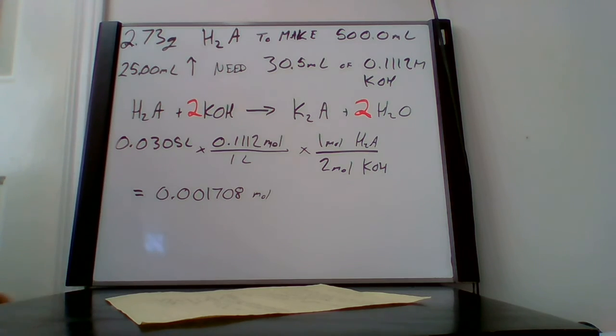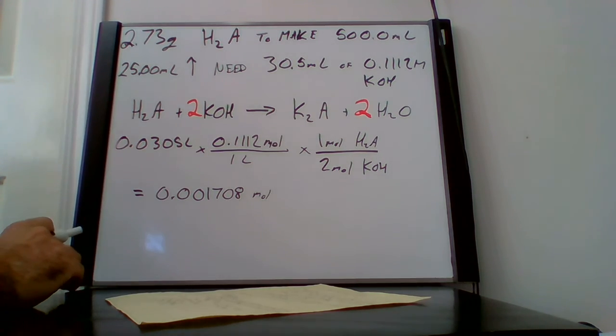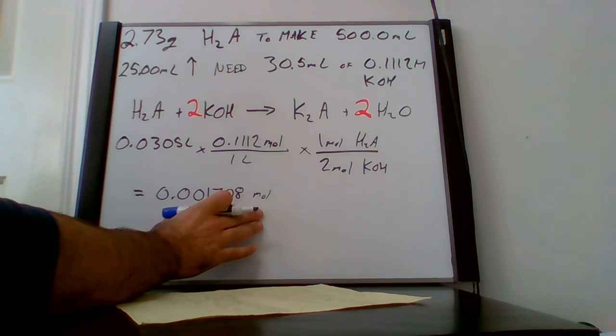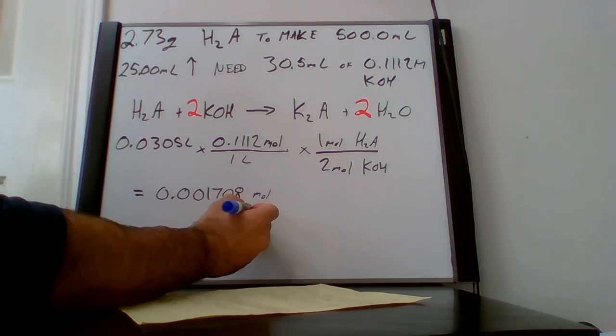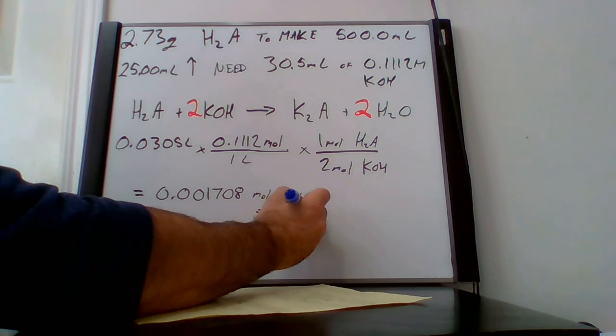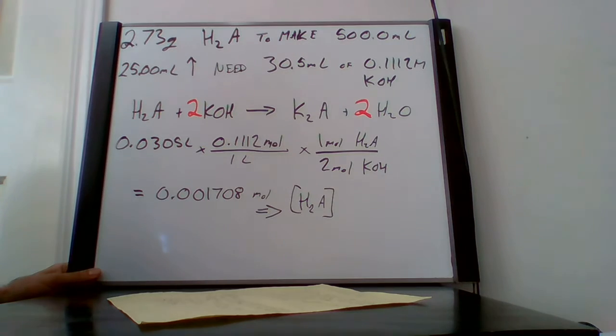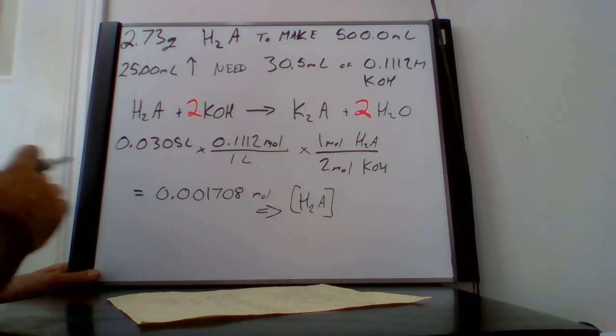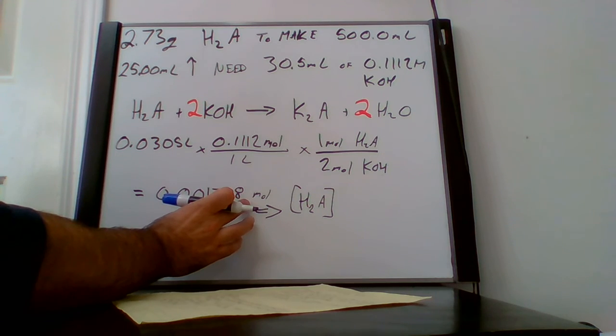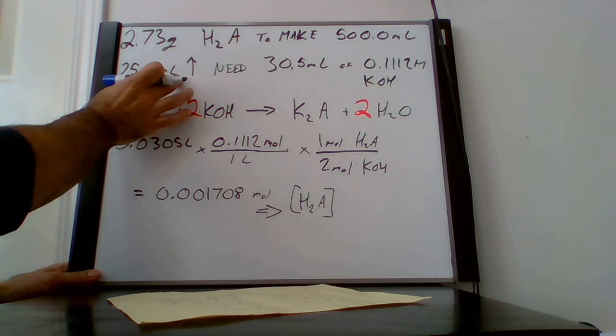Okay? So we can then use this to get to the concentration of this H2A. The concentration of H2A is going to be this number of moles in my 25 milliliters.